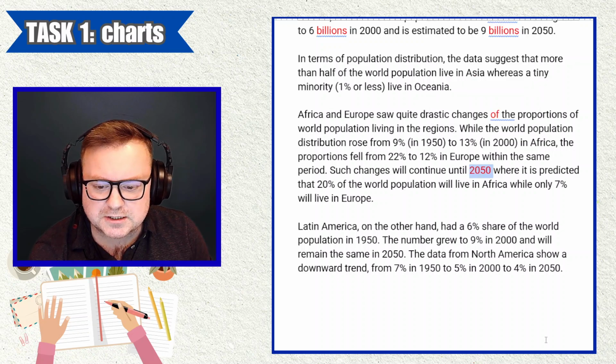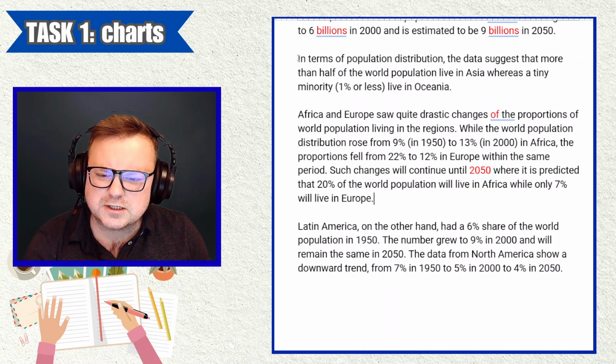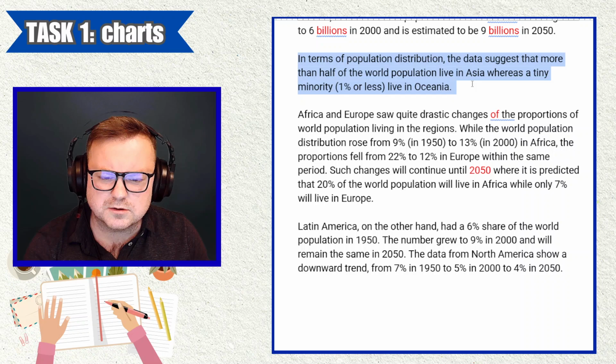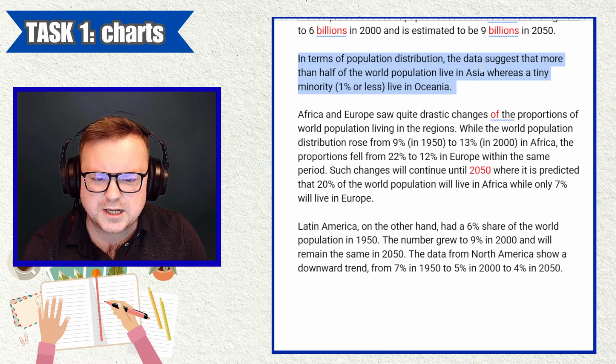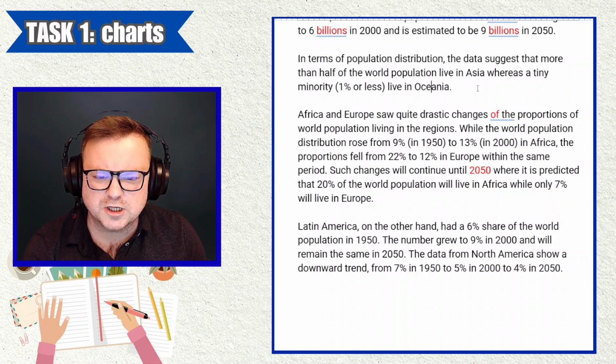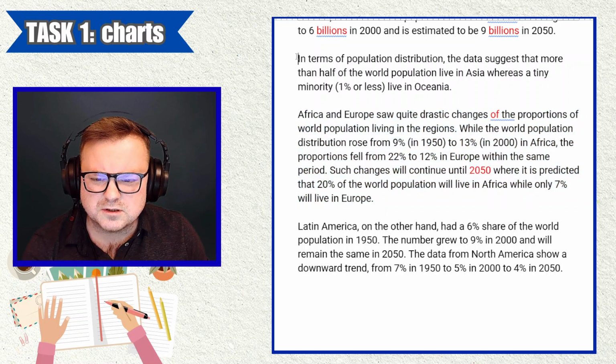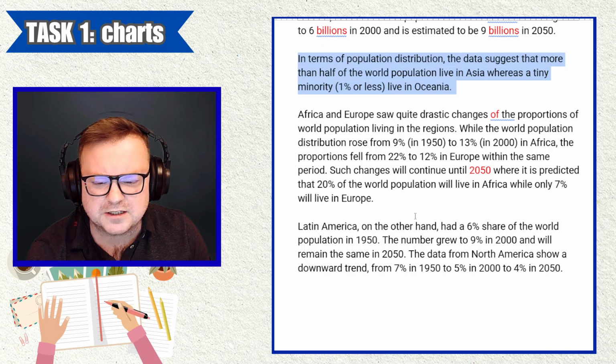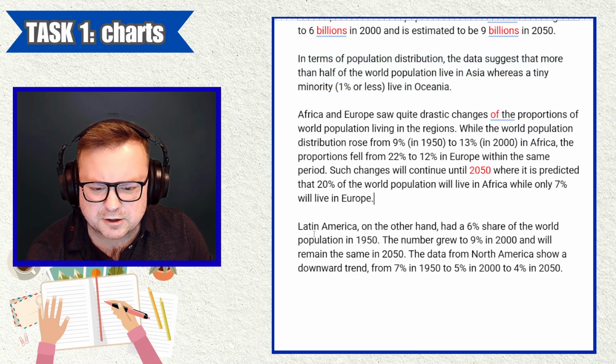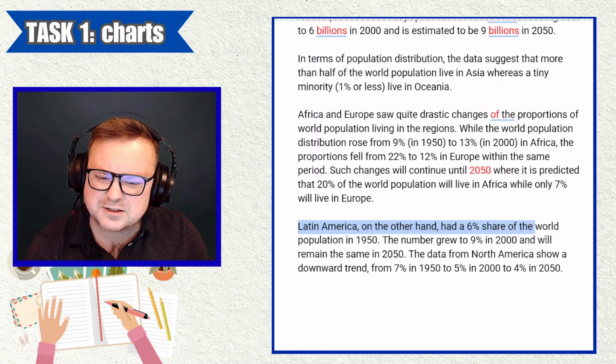Where it is predicted that 20% of the world population will live in Africa, while only 7% will live in Europe. Okay, so it's just a bit odd that why did we mention Asia and Oceania here and then give all the details about Africa and Europe here? So, you're trying to cover too many key features, I would say. Latin America, on the other, now we're talking about, yeah, there's just too many.